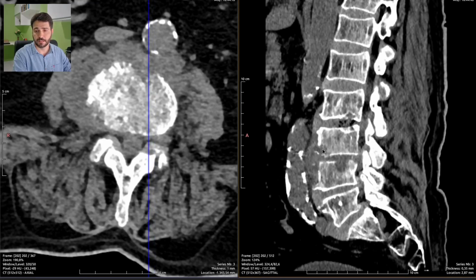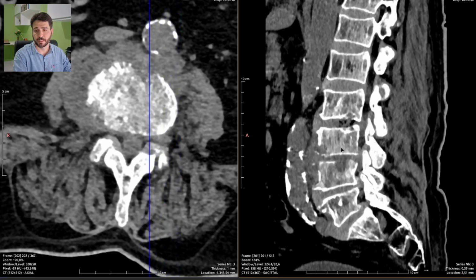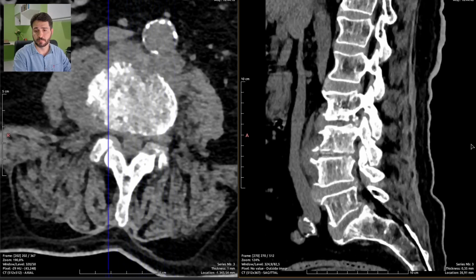So as I said, there are a bunch of small fractures and large fractures to L3, L4 vertebrae.